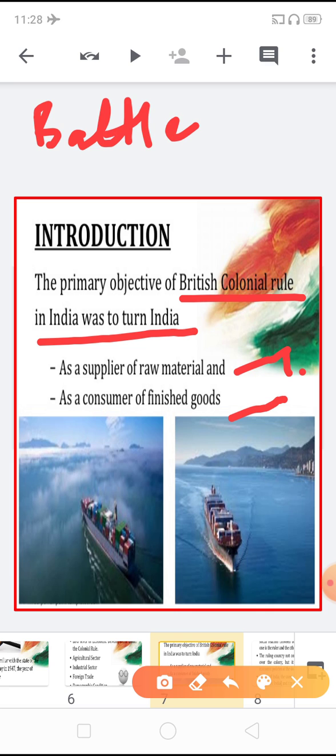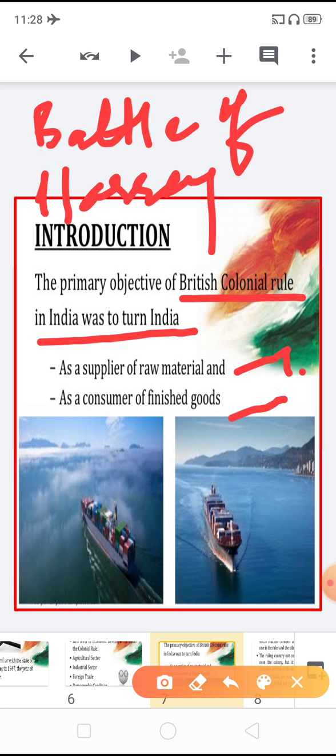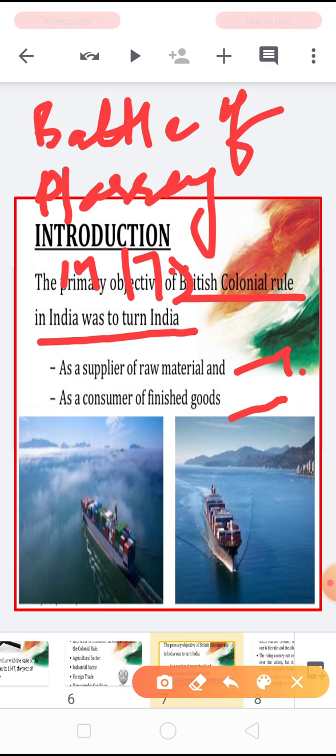The Battle of Plassey was fought in the year 1757, which is considered the foundation of the British Empire in India. So the British came to India and started ruling and exploiting our country from around the year 1756, which is known as the origin of the British Empire in India.